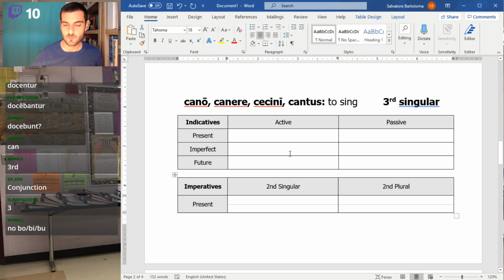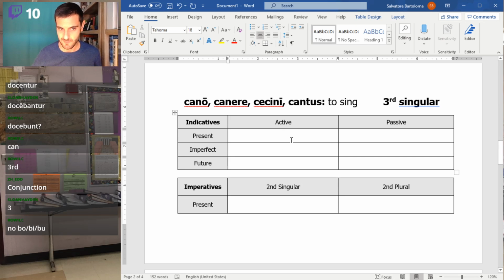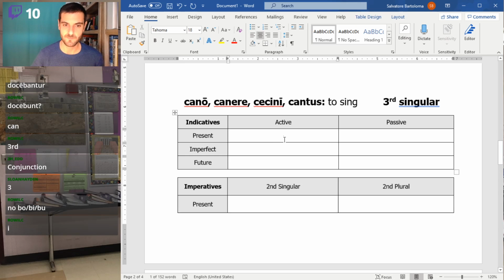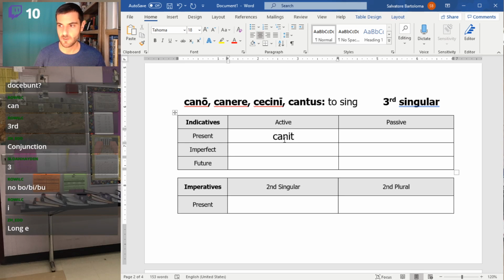So when it comes to the present, that E is not going to be an E. What's going to happen to that E in the stem? When I say he sings or she sings, it's not canet. It's going to be a long E eventually, but not yet.